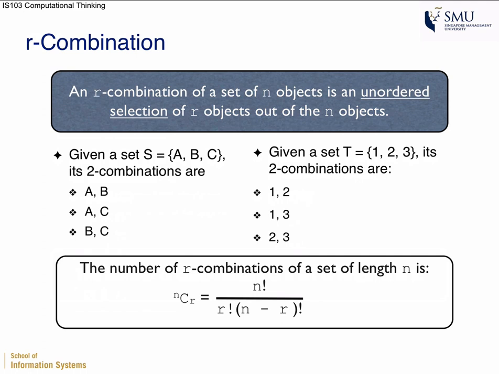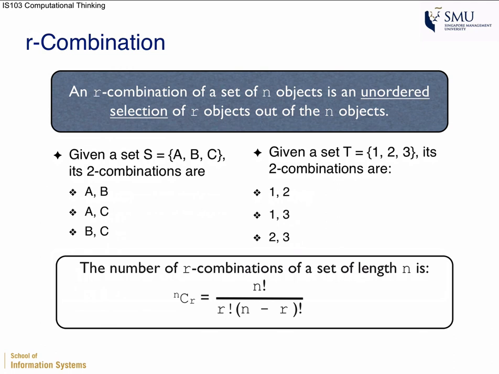Now if we think about the number of ways that we can select a combination of r items out of n, it is given in the formula below, which is nCr equals n factorial divided by r factorial times (n minus r) factorial. If you notice, the formula is actually similar to the nPr from permutation earlier.